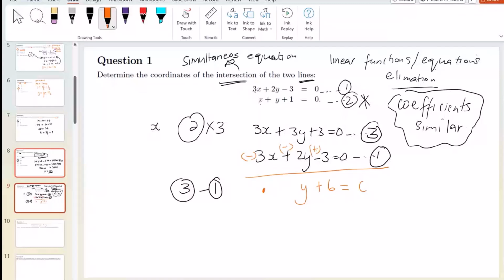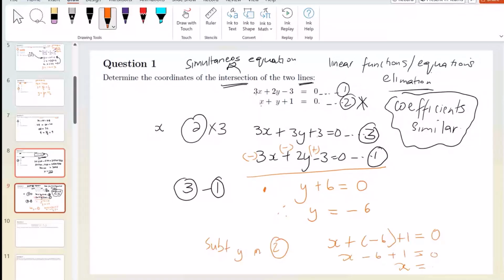So you're going to have x minus 6 plus 1 is equal to 0, and your x is going to be equal to -5. So your point of intersection is -5, comma, -6. That's how you would solve for the points of intersection.